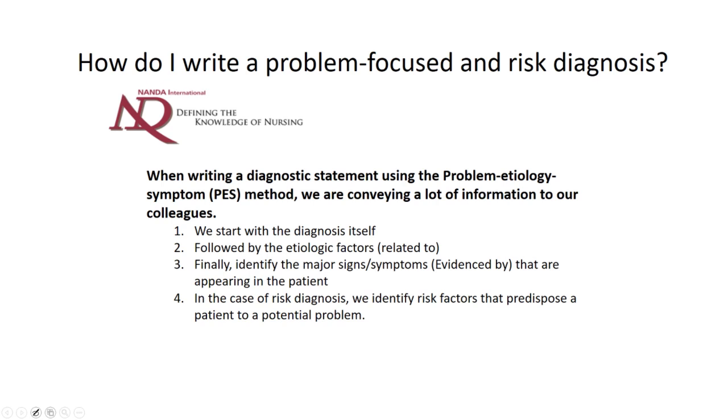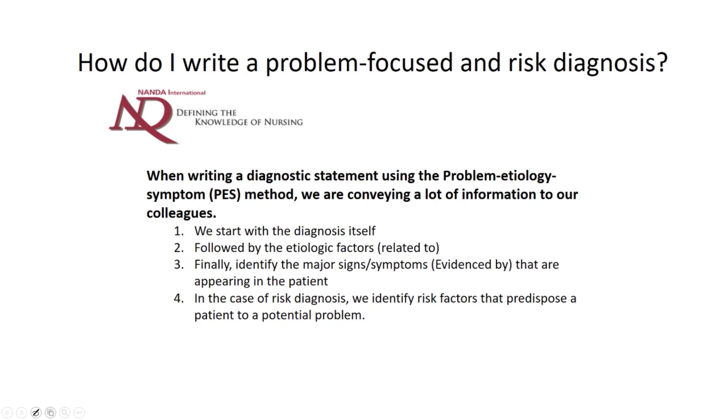We also have the risk type. Now the risk type, it's a risk. They do not have the problem, so they will not have signs and symptoms of the problem. They have a risk, and you need to list all the risk factors, because by listing the risk factors is how you will be able to intervene. If they're at risk because of these reasons, we can intervene to stop the problem from occurring.